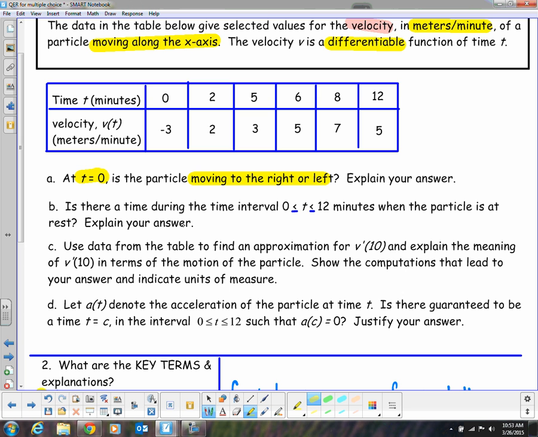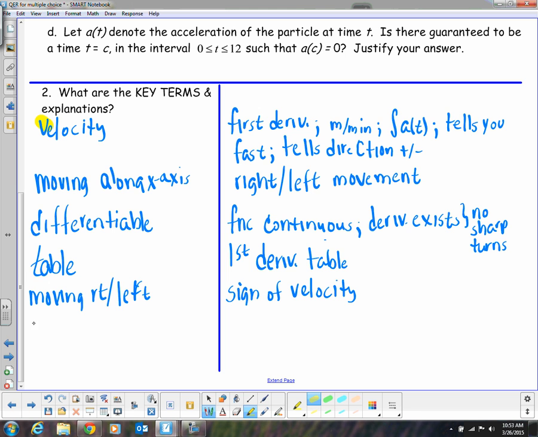Is there a time during the interval 0 to 12? Now, that is a what? Interval. Oh, darn. This is a closed interval, 0 less than or equal to t less than or equal to 12. What do I want you to think when you see a closed interval?